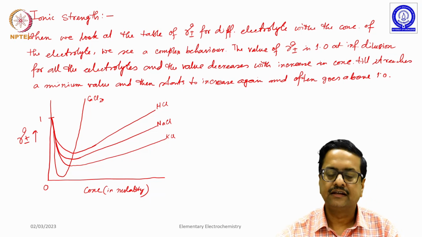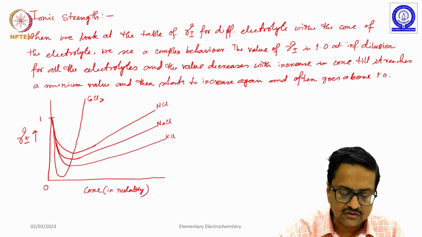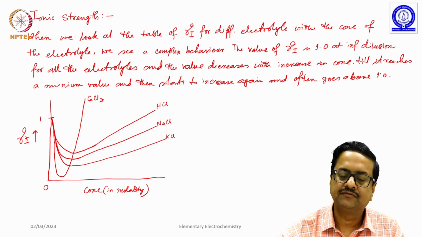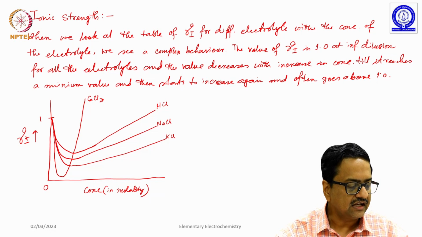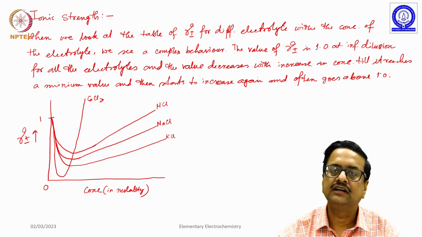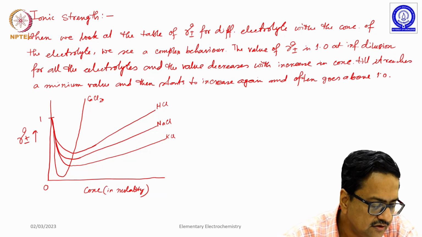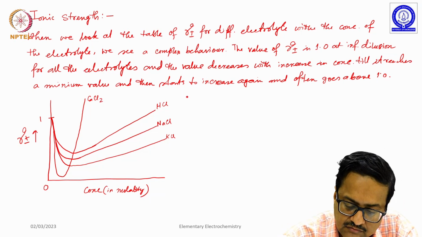So, this indicates something about the dependence of gamma plus minus on the nature of the cation, or specifically the charge of that cation.